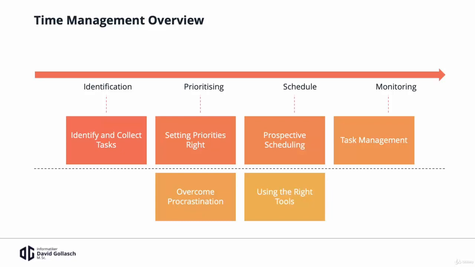Well, the focus funnel as such is something that incorporates all those phases, right? So we have to think about it in the first place. When we identify and collect the task, we then have to think about the elimination, delegation, automation process of tasks before they are getting processed by our time management strategy.